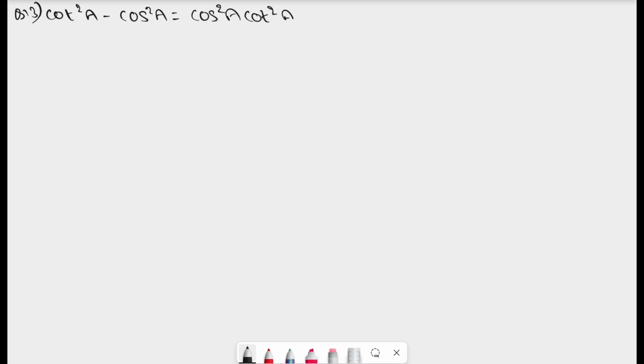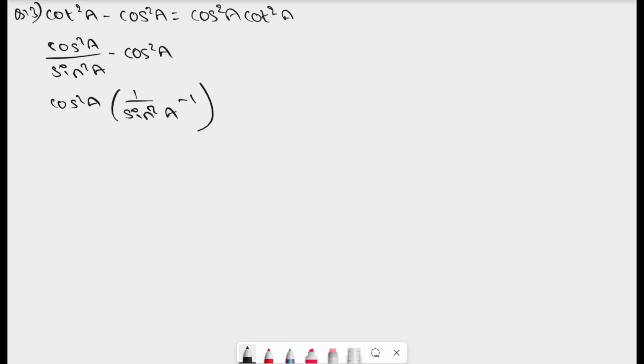So this question is also saying like the previous one, replace this cot with cos and sin. So we'll be writing this as cos square A by sin square A minus cos square A. So here I'll take out cos square A as common. We'll get 1 by sin square A minus 1.